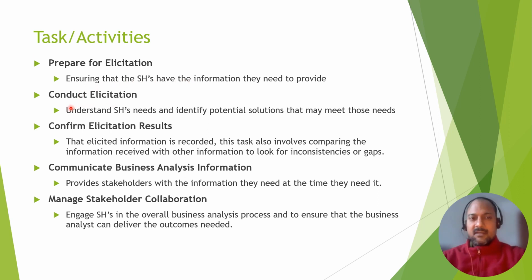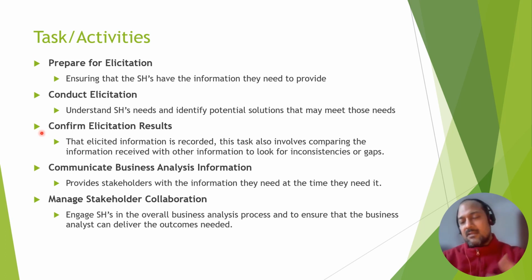Conduct elicitation is the second activity. It's about understanding stakeholders' needs and identifying potential solutions that may meet those needs. Then confirm elicitation results. Whatever information you have documented for the requirement, the business analyst has to verify or confirm against the information obtained from different stakeholders or from other sources like documents or historical references.